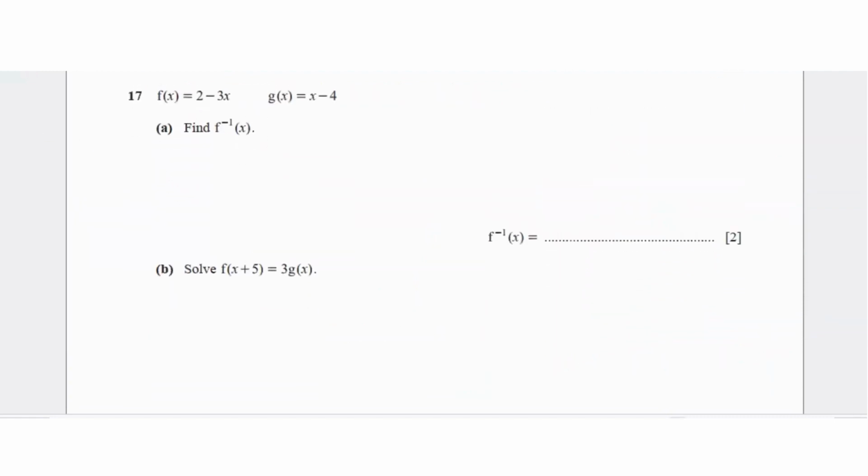Question 17 gives us 2 functions, and the first one they're asking us to find f inverse. f of x equals 2 minus 3x. Replace f of x with y.